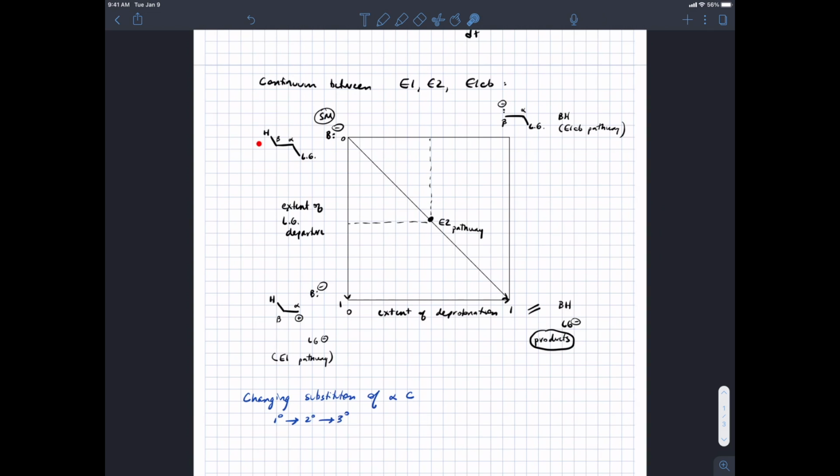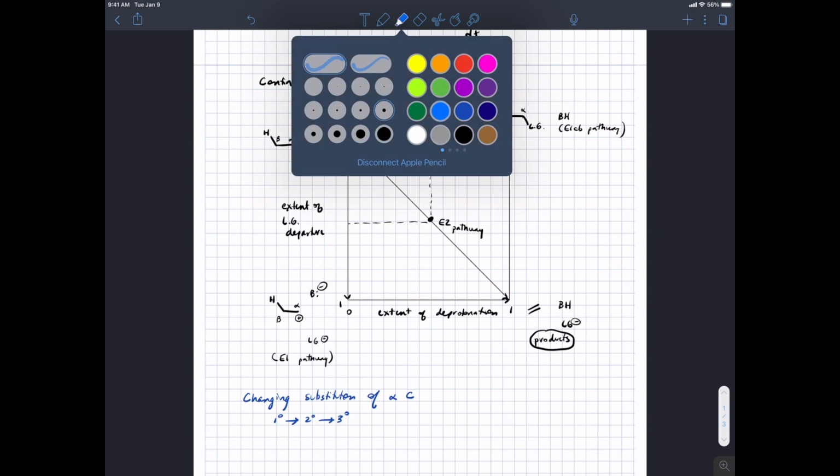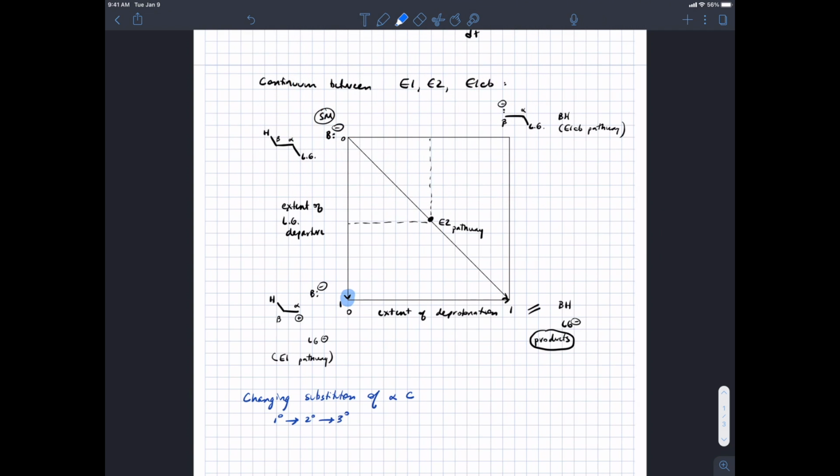It's sort of like, certainly there'd be some change, but it's probably minor. Okay. How about for the carbocation? What should changing substitution do there? Should stabilize it because more substituted carbocations are more stable. So let's just put a blue circle here.